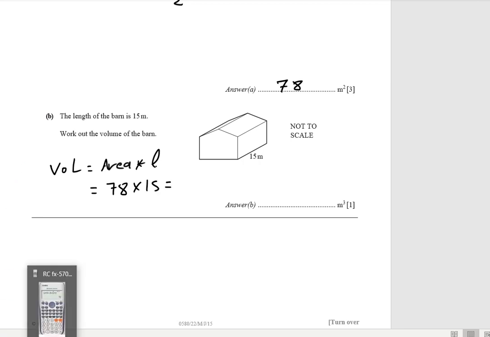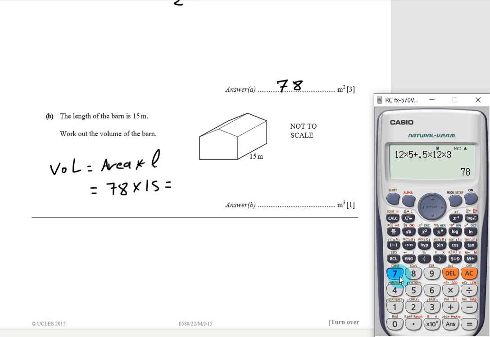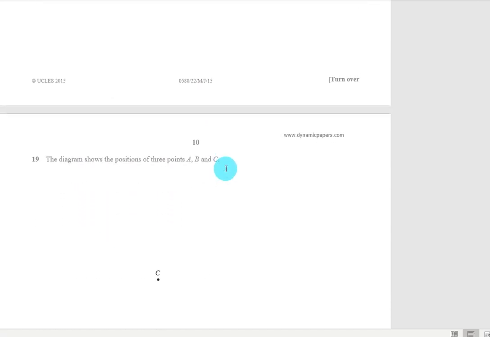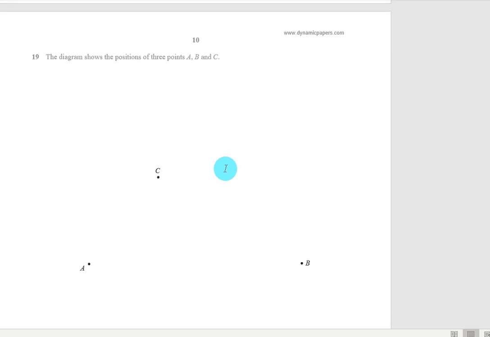Let us go again to our calculator. 78 multiplied by 15 will equal 1170 meters cubed. Let us go ahead.